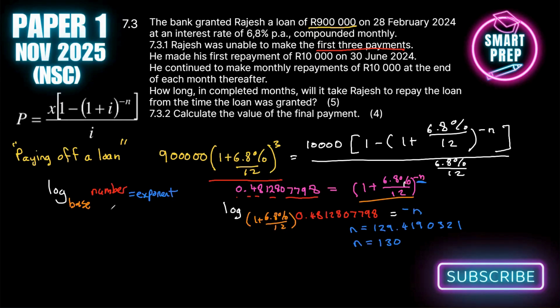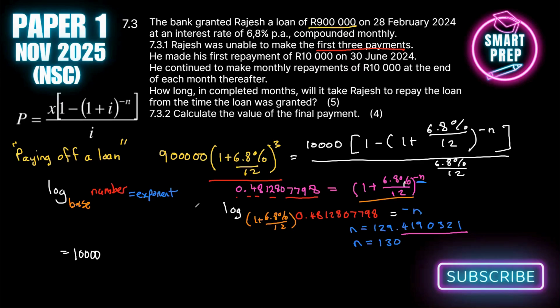Okay, now the final payment is quite a simple formula. It seems really tricky, but all you do is you put in this P formula again, right? The same one. But now where you put a negative n, you're simply going to put in this part, the fraction. 10,000 because that was what it was originally going to be.